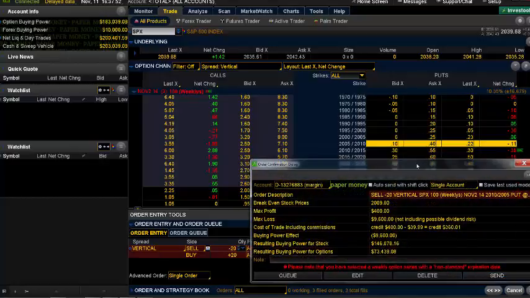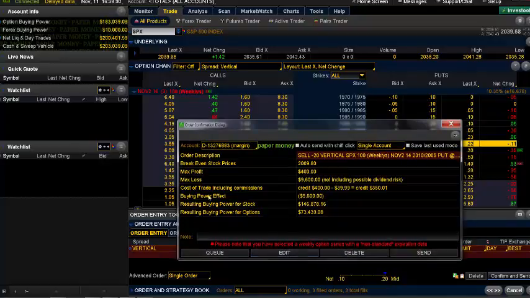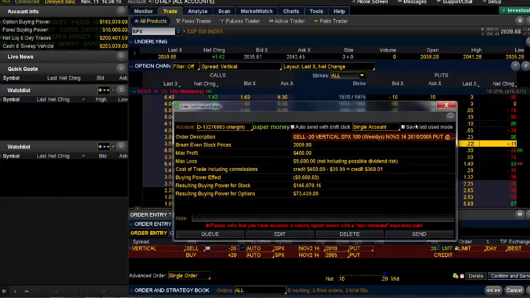Now we'll head towards execution of the trade. So we have confirm and send down here. In the confirm window, we'll have a description of the trade. The order description is sell 20 vertical SPX 100 weeklies, November 2, 2014, 210, 205 put at 20 cents limit to open.